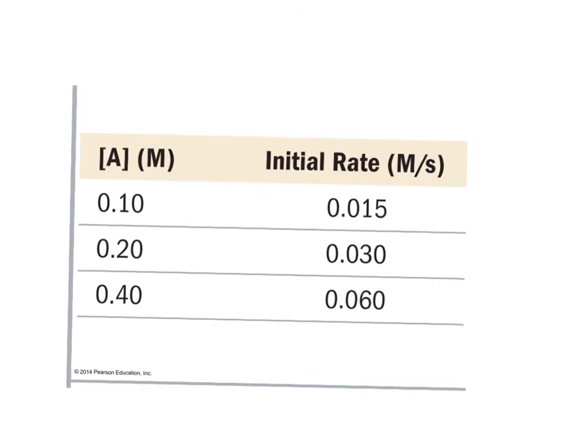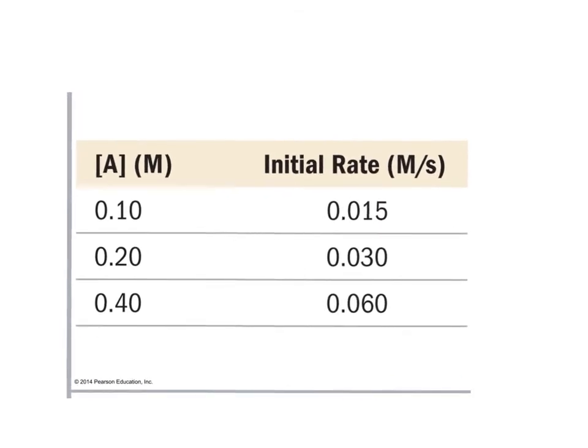So how do we then determine this? Well, most of the time it's spectroscopically. And so what we can look at is the concentration of a given reactant, and then we can look at that initial rate. Right? So what happens when we go from point 1 to point 2 to point 4? That reaction rate doubles from 0.015 to 0.030 up to 0.060. Right?